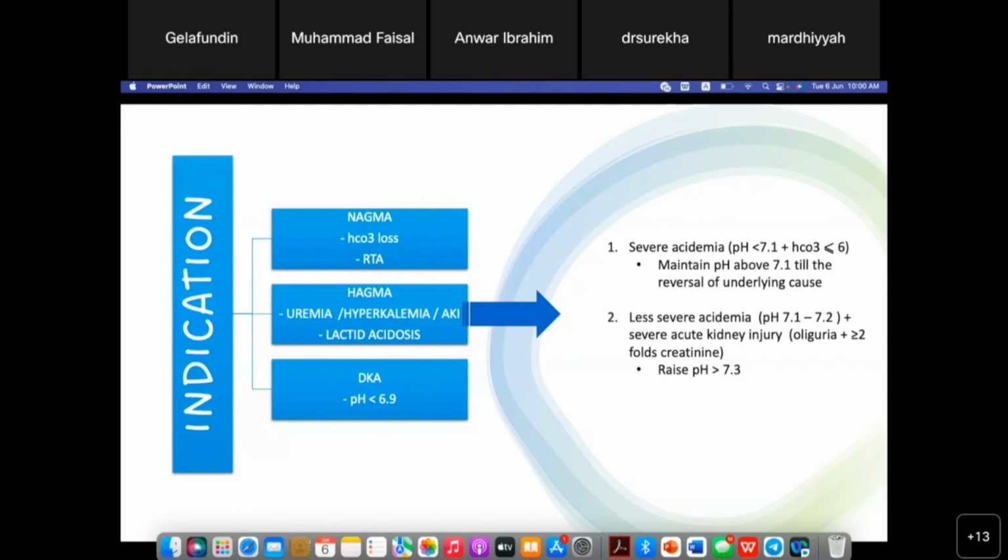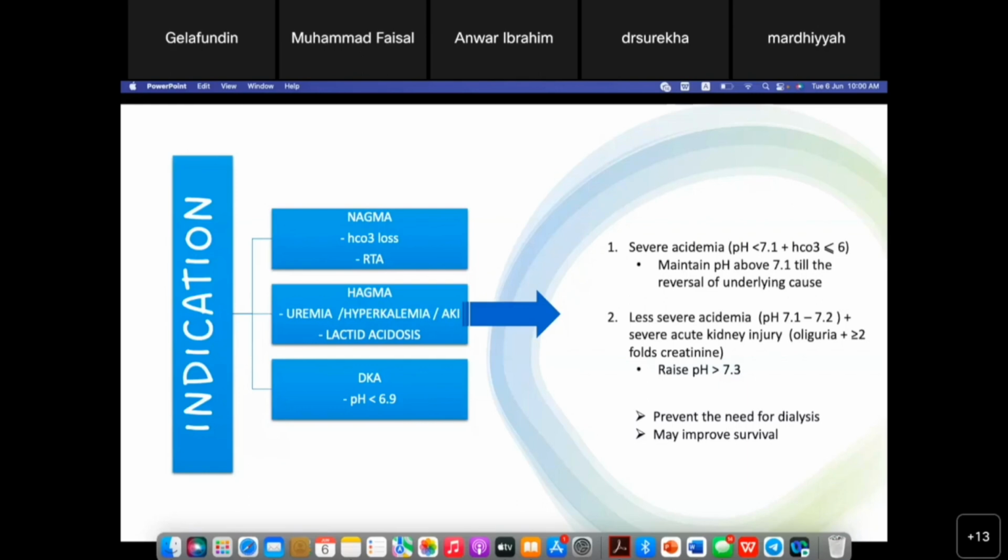So for these two, we give sodium bicarb to prevent the need for dialysis, because dialysis is an invasive procedure with many complications; it can lead to thrombosis and infection. So if you prevent the need for dialysis, it is said that you may improve survival.